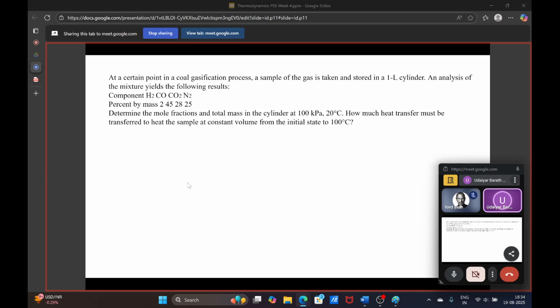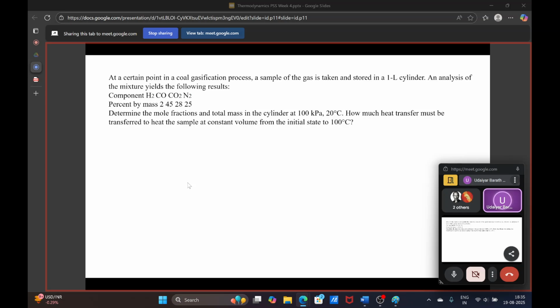On a mass basis, you have hydrogen 2%, carbon monoxide 45%, carbon dioxide 28%, and nitrogen 25%. You need to determine the mole fractions and total mass in the cylinder at 100 kilopascal and 20 degrees Celsius. How much heat must be transferred to heat the sample at constant volume from the initial state to 100 degrees Celsius?